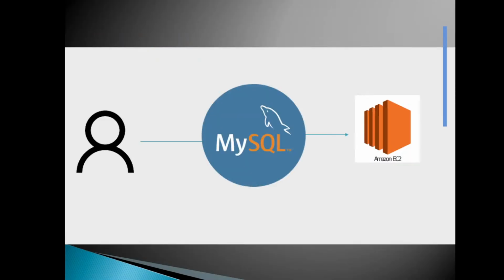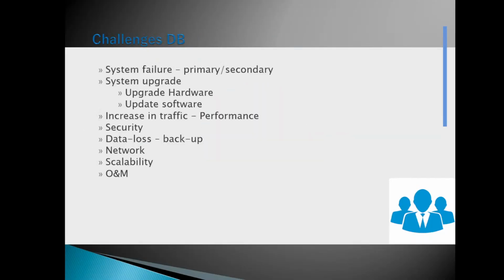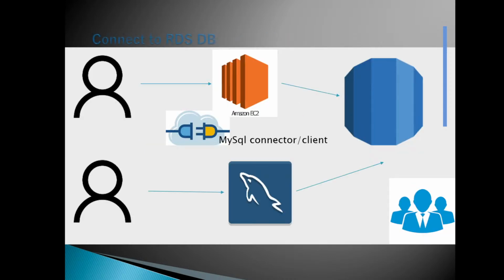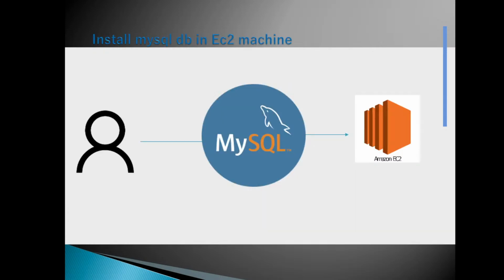So today we are going to create our RDS. How can we create a database in AWS, and then how can we connect to it? So you can install your database, or you can install your MySQL database on EC2 as well.